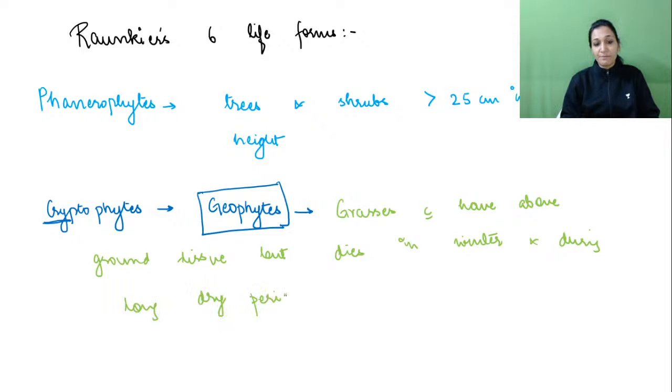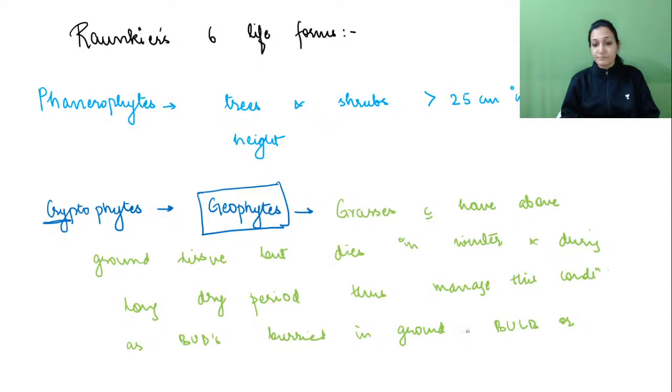Thus, they survive this condition as buds buried in the ground. This will be in the form of a bulb or rhizomes buried in the ground.